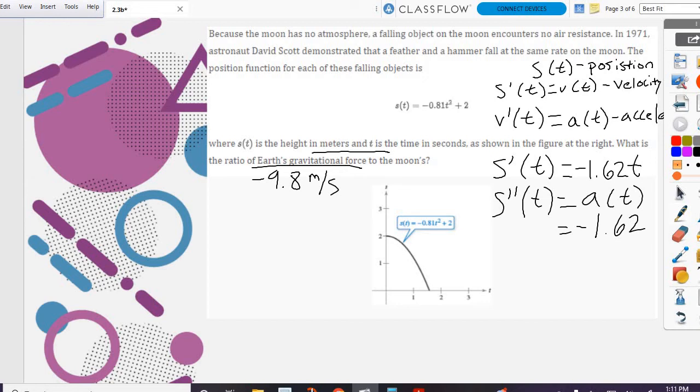And if they ask us for the ratio of those two things, what am I doing? Put one over the other. But which one goes on top? Earth, because it says Earth first. Correct. So I'd have negative 9.8 divided by negative 1.62, which gives us what?